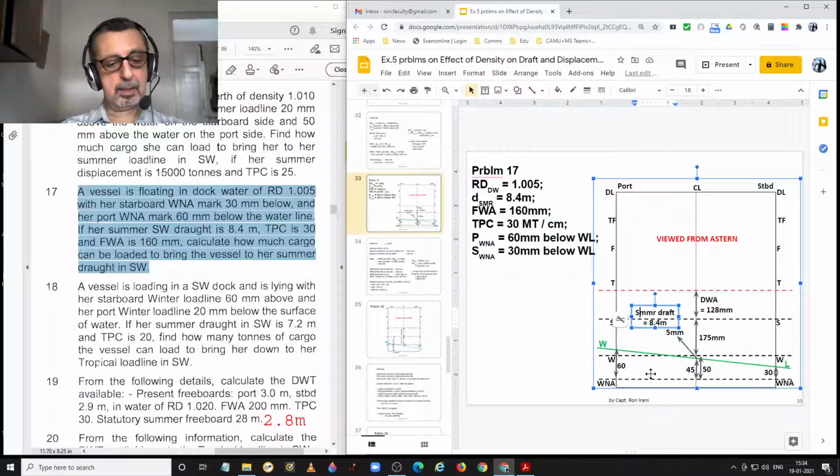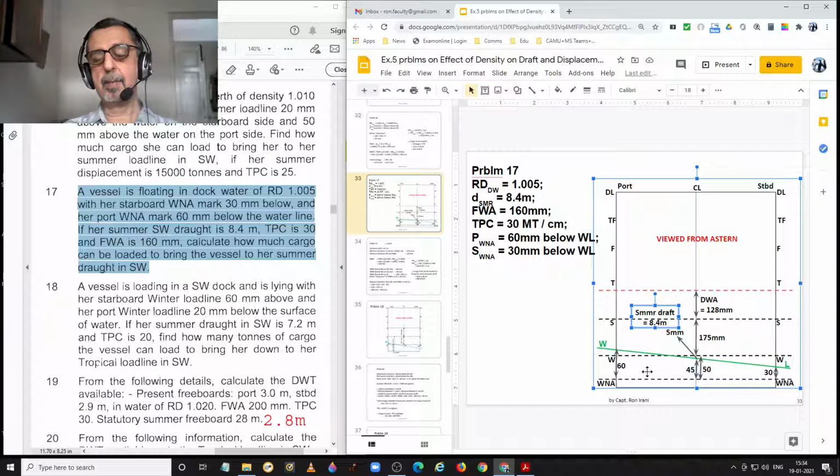Thus, this height between the tops of the summer and winter load lines is equal to 1 by 48 of the summer draft in millimeters. So when you divide the summer draft by 48, you convert that summer draft into millimeters. 8.4 meters is equal to 8,400 millimeters divided by 48 equal to 175 millimeters. This is the height between the top of the summer load line and the top of the winter load line.